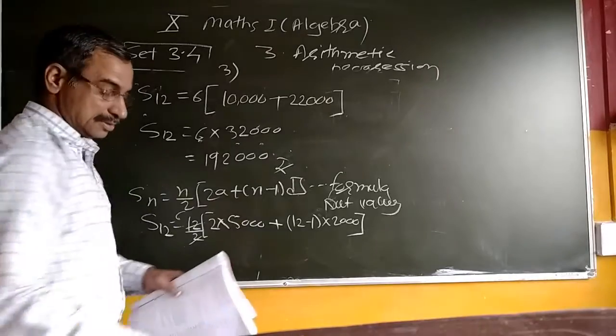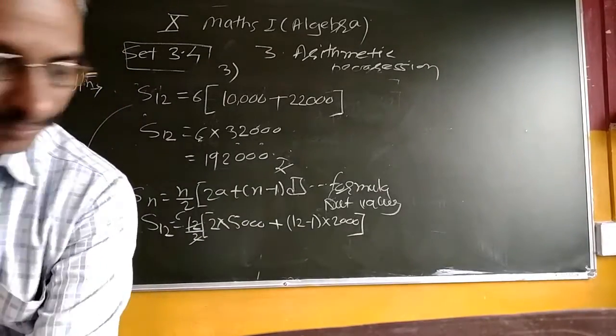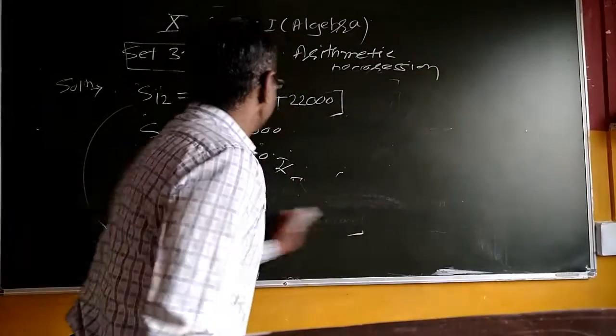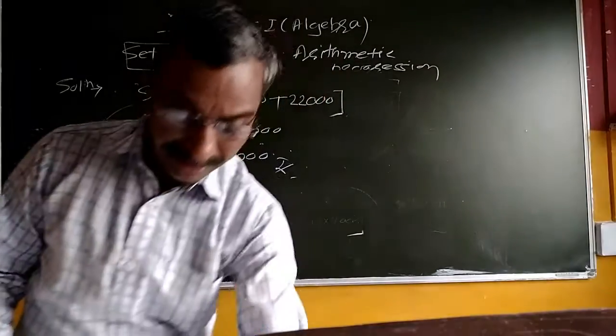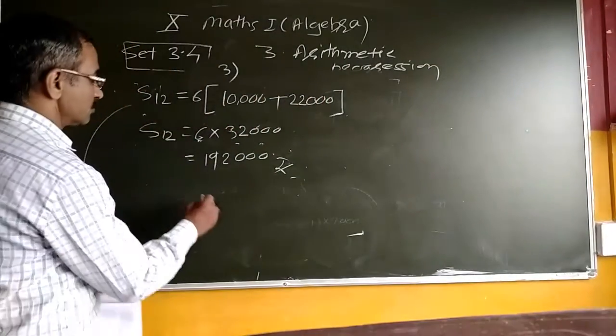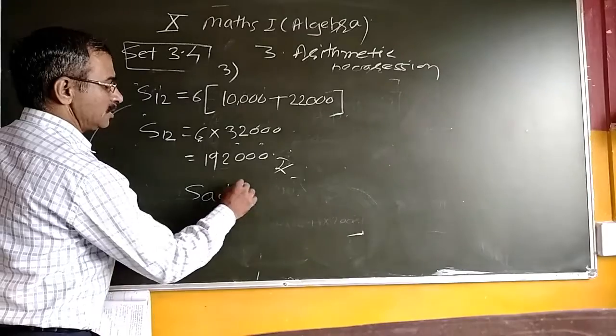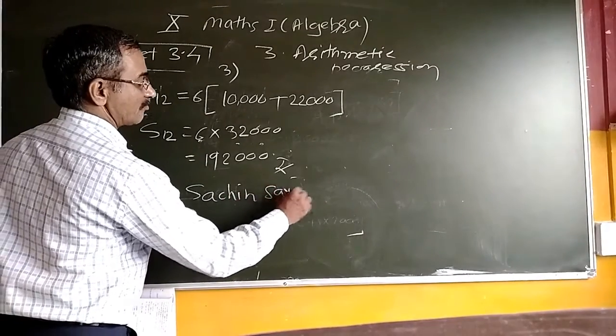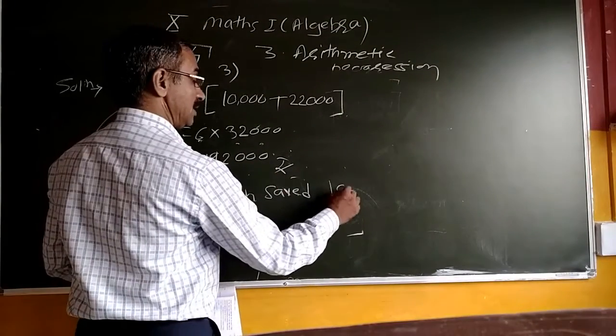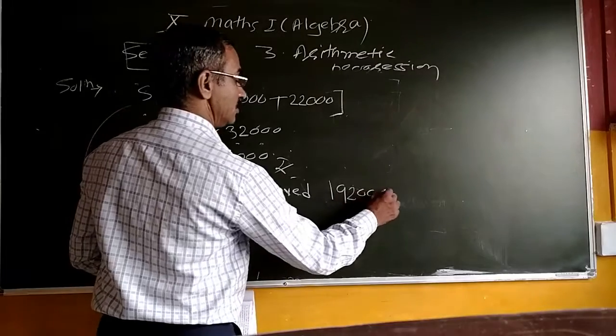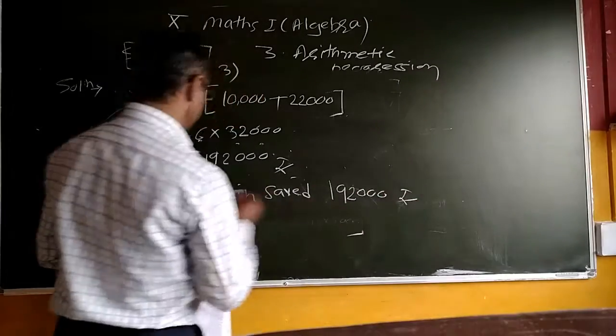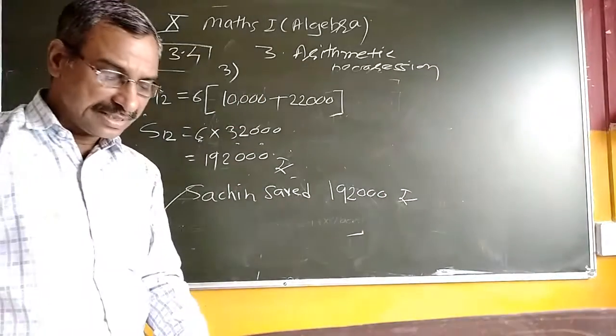So we get the total saving. What is the total saving? It means Sachin saved 1,92,000 rupees. That is our answer. Very simple examples.